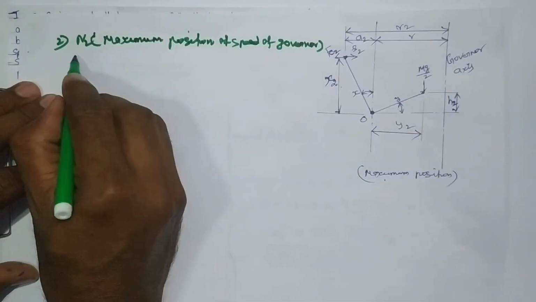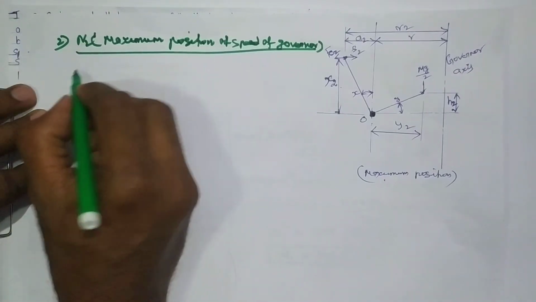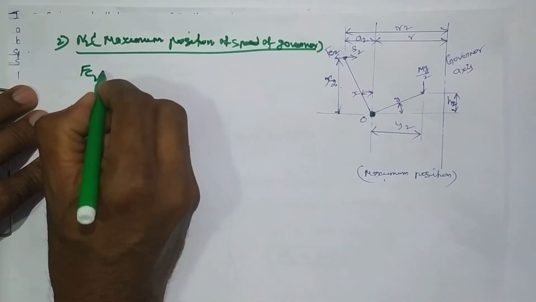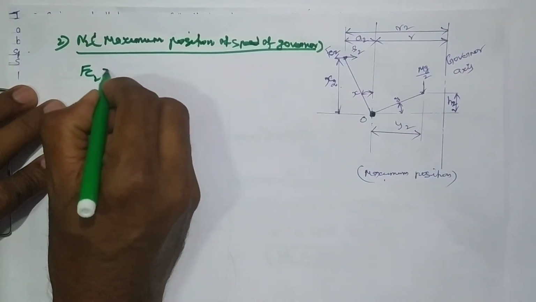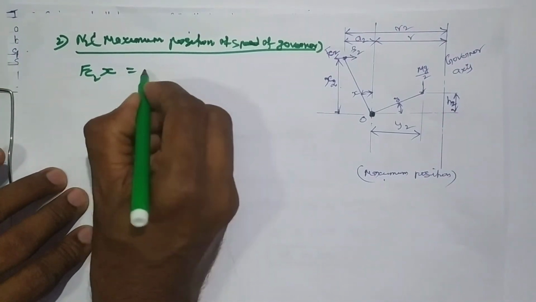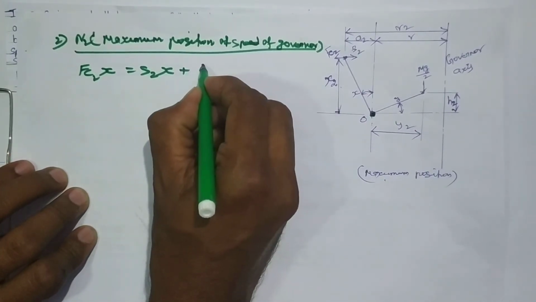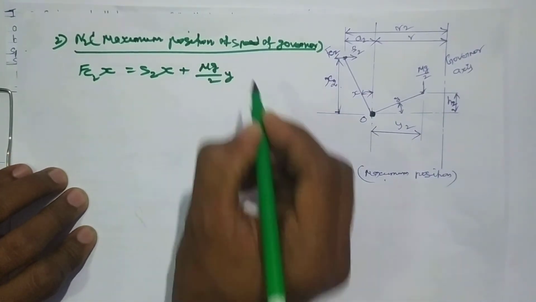Okay, you should find out. So taking moment about the O point, so FC2 into X, right? So very simple one, that is equal to S2 into X plus mg divided by 2 into y.